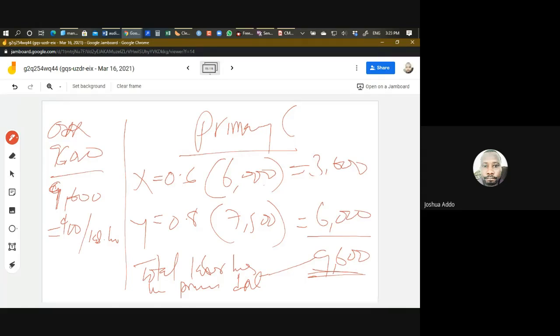The total charge will be this 10 cedis per hour times the total hours, 3,600. So 3,600 times 10 will be 36,000. 36,000 divided by the total number of production of X, which is 6,000. What would this also be? It will also be 6.